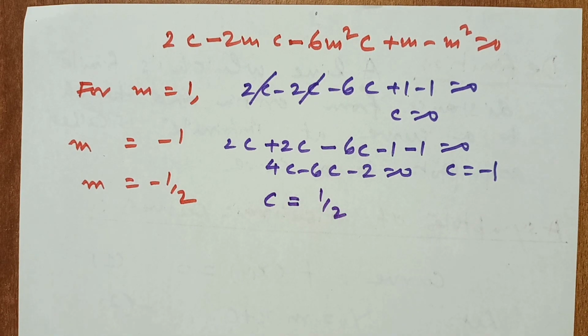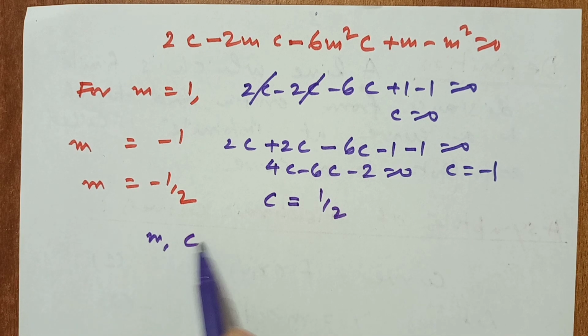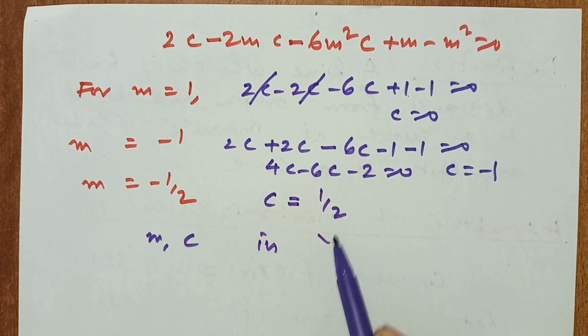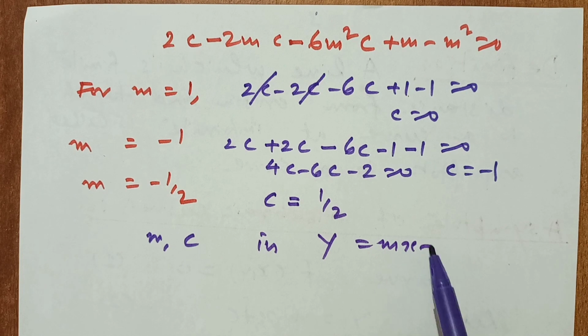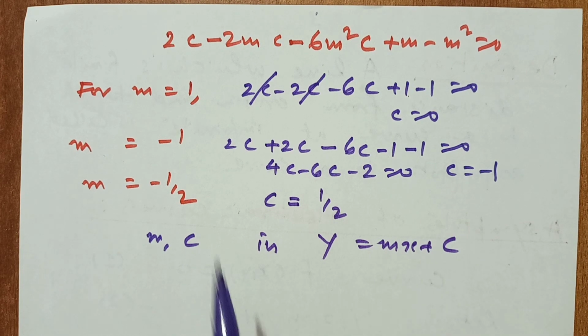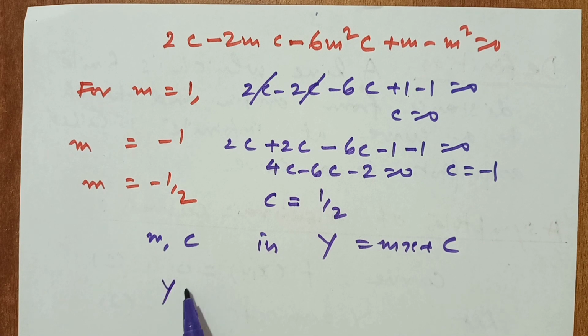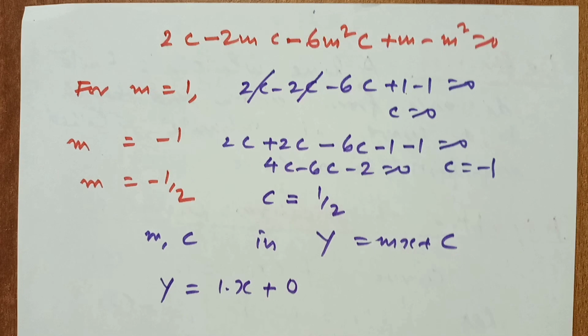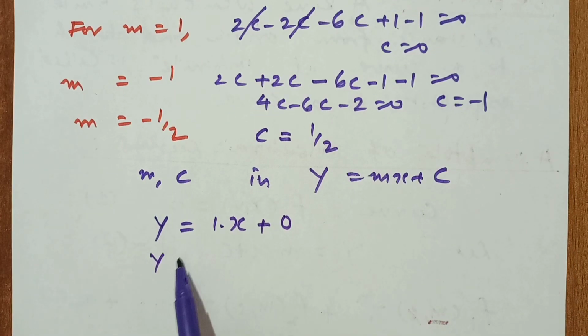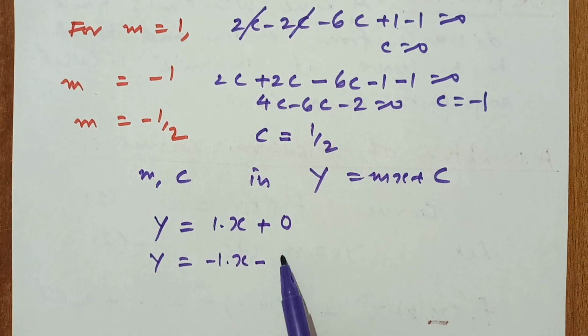Now putting the value of m and c in y equal to mx plus c. For m is equal to 1, c is equal to 0. So the first asymptote is y is equal to 1x plus 0. The second asymptote is y is equal to minus 1x minus 1.